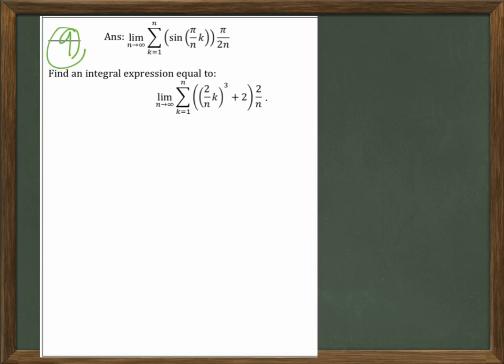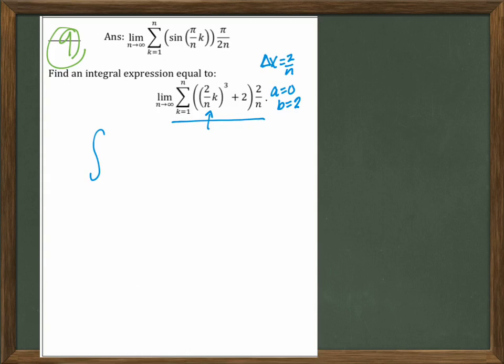Okay, just back to asking to write an integral expression for this. So we know that delta x is equal to 2 over n, right? And it looks like there's no a here, so a equals 0, so b is equal to 2.